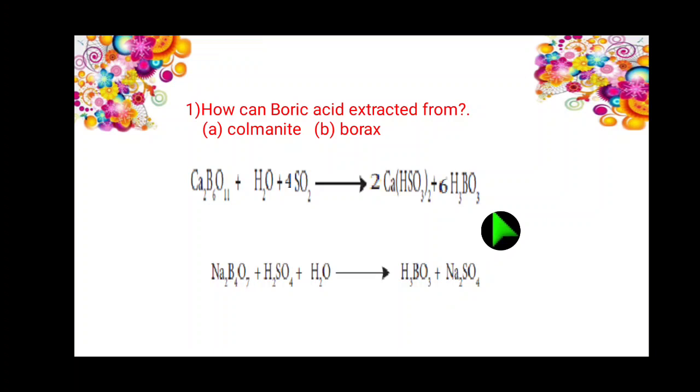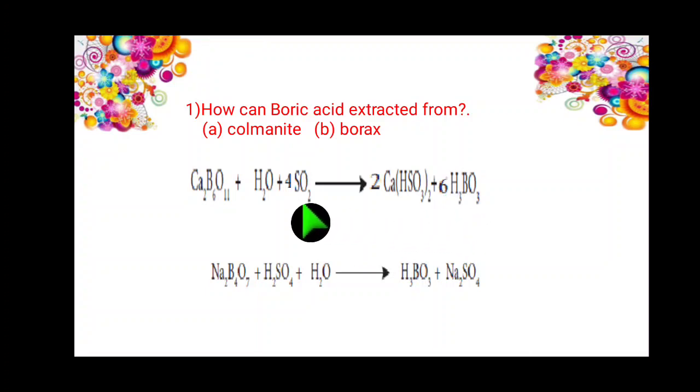Now hydrogen alone we have to see. Right side hydrogen 6 into 3, 18 hydrogen. Here 2 into 2, with the subscript 2 outside the bracket. So 2 into 2, 4. So 18 plus 4, 22 hydrogen.